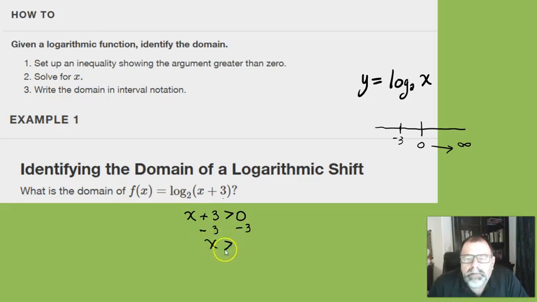So x is greater than negative 3. And then basically it's going to start here at negative 3 and go to infinity. So in interval notation, we're going to use a parenthesis because there's no equal to. Negative 3 to infinity. So that's our domain.